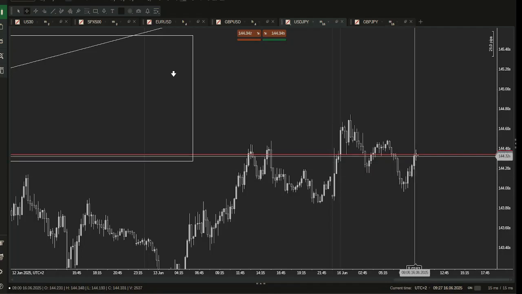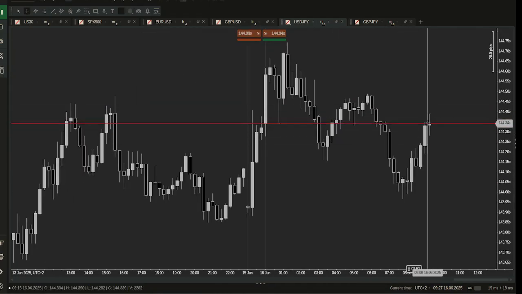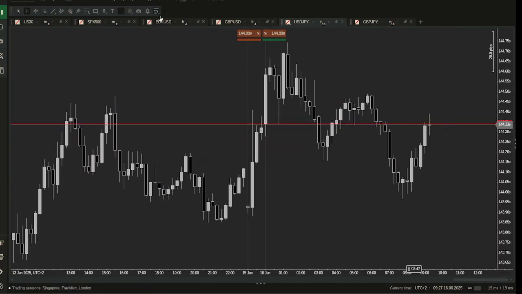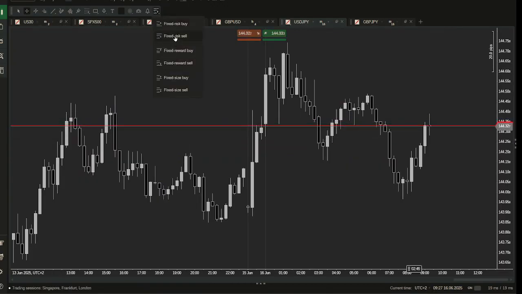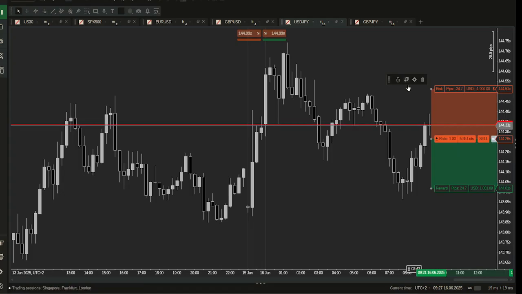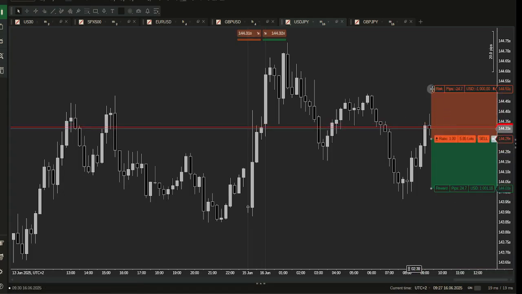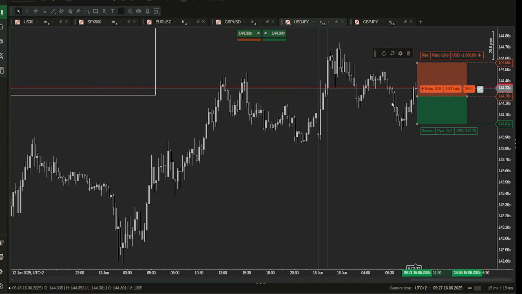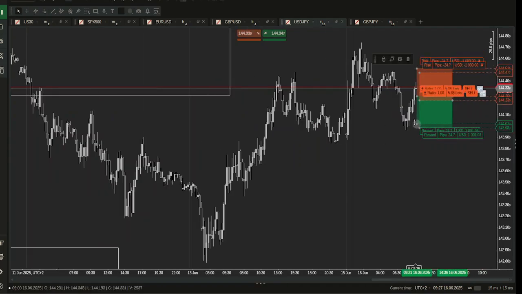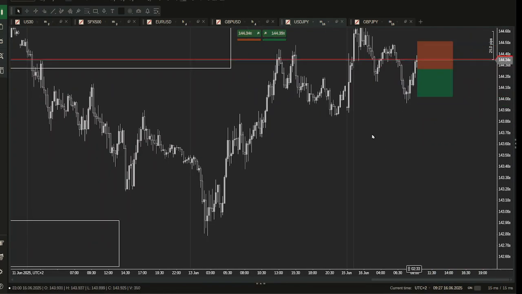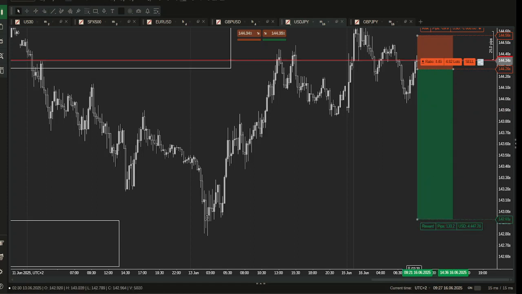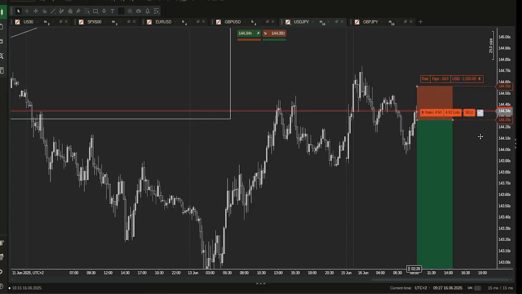So maybe if this becomes a doji within 3 minutes, maybe a short below, maybe something like this. Not too low. Maybe something like this is an idea. And we switch down here, so probably targets here.